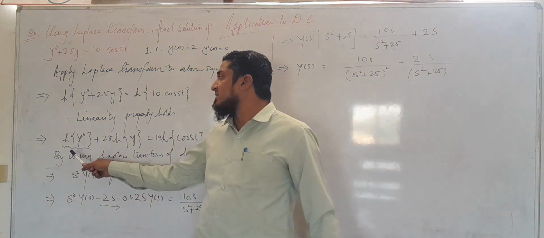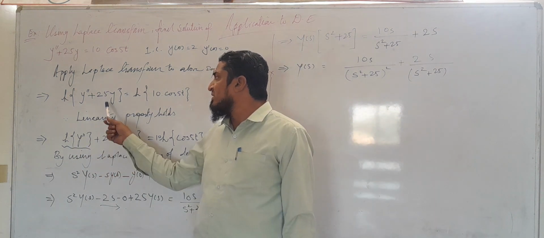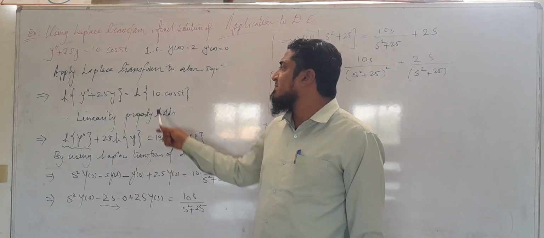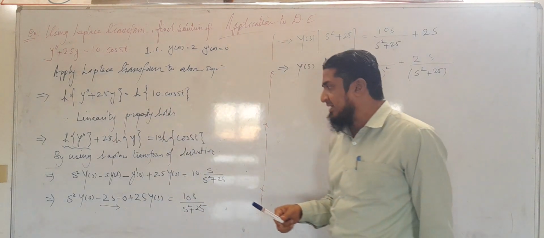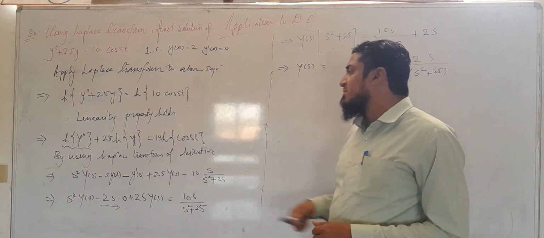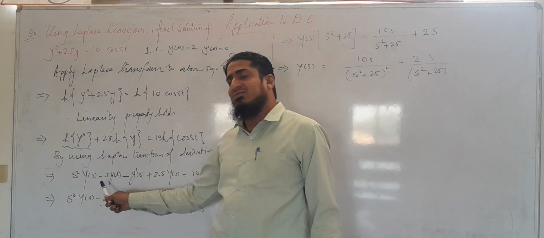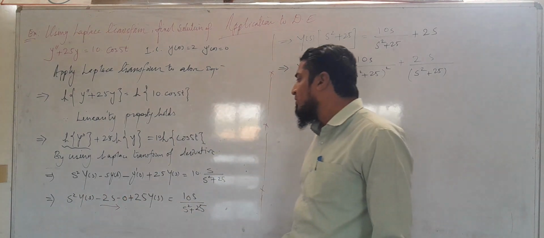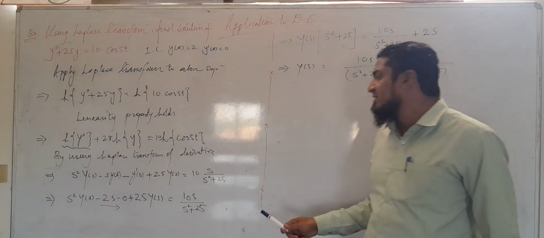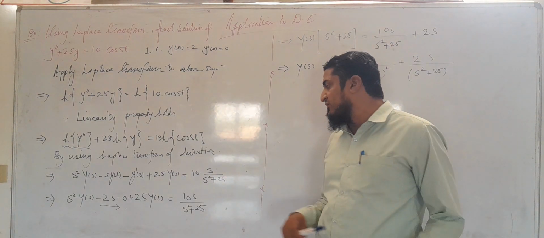So we have Laplace transform of y double dash plus Laplace transform of 25y equals Laplace transform of 10 cos 5t. Using the Laplace transform of derivative, we get s square Y of s minus s y of 0 minus y dash of 0 plus 25 Y of s equals 10s upon s square plus 25.